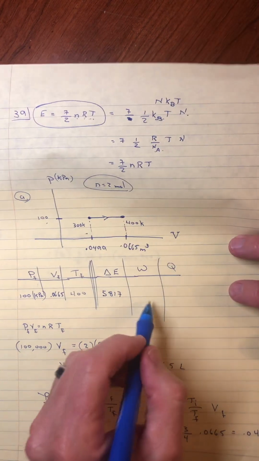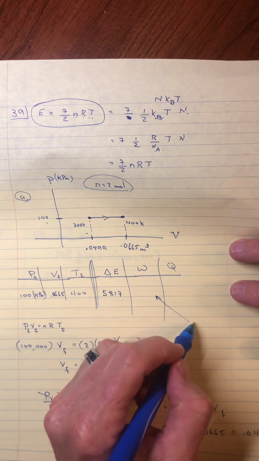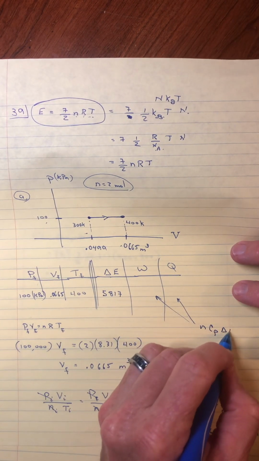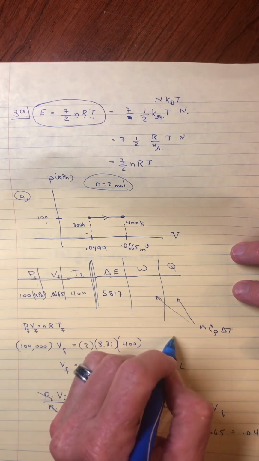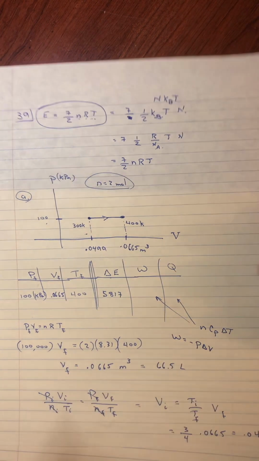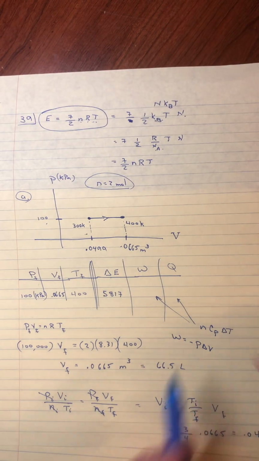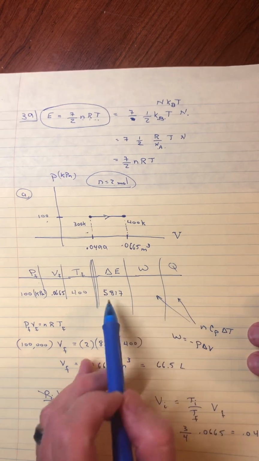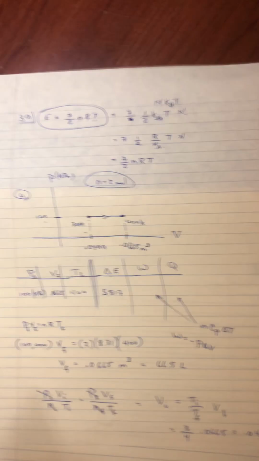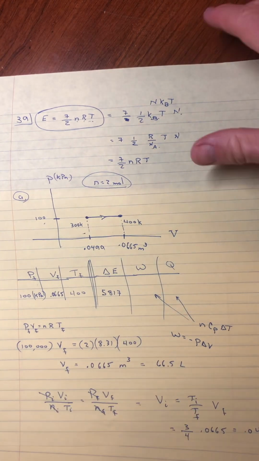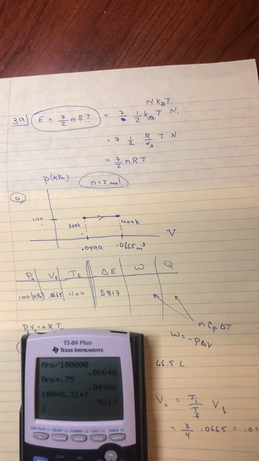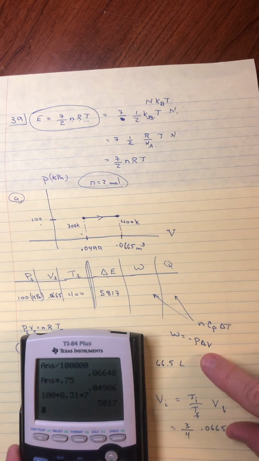And then for work, as we mentioned actually in the last one, I can either do nC_P delta T for Q, or for work, I can go minus P delta V, or I could do both, but those two have to add up to that one. And so maybe I'll just do the work here. So the gas is getting bigger, and because the gas gets bigger, this better come out to be a negative number.